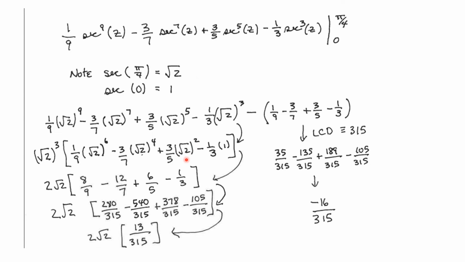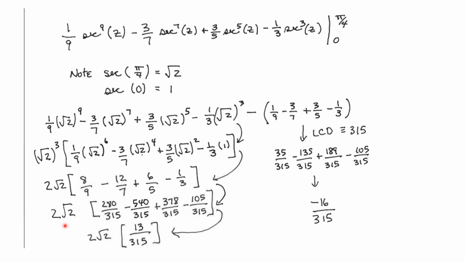Here you're squaring the square root of 2, getting 2, so 3 times 2 is 6, so that is 6 over 5. And here you just get minus 1/3. Now notice that the common denominator here is going to be the same, and it's going to be 315, although you've got a whole bunch of different numerators, and so you have to do that.